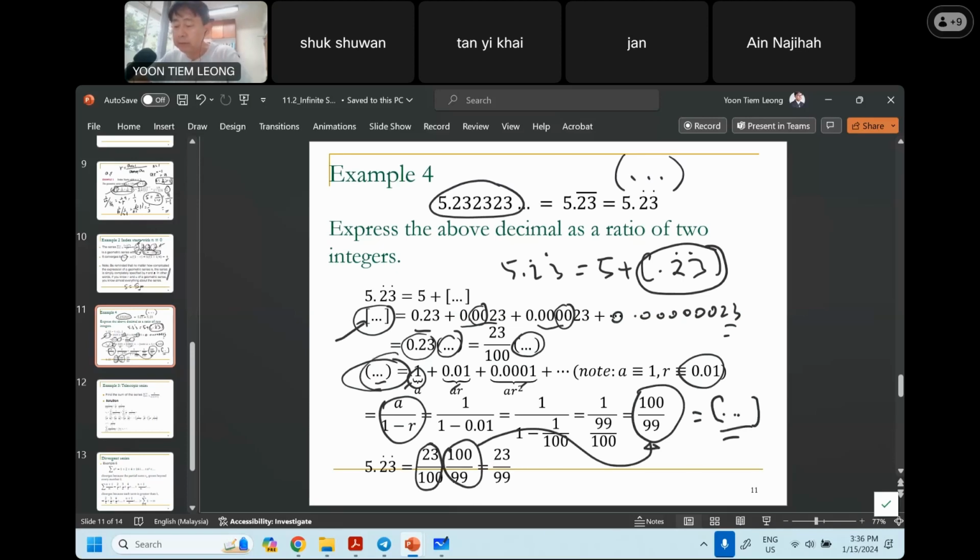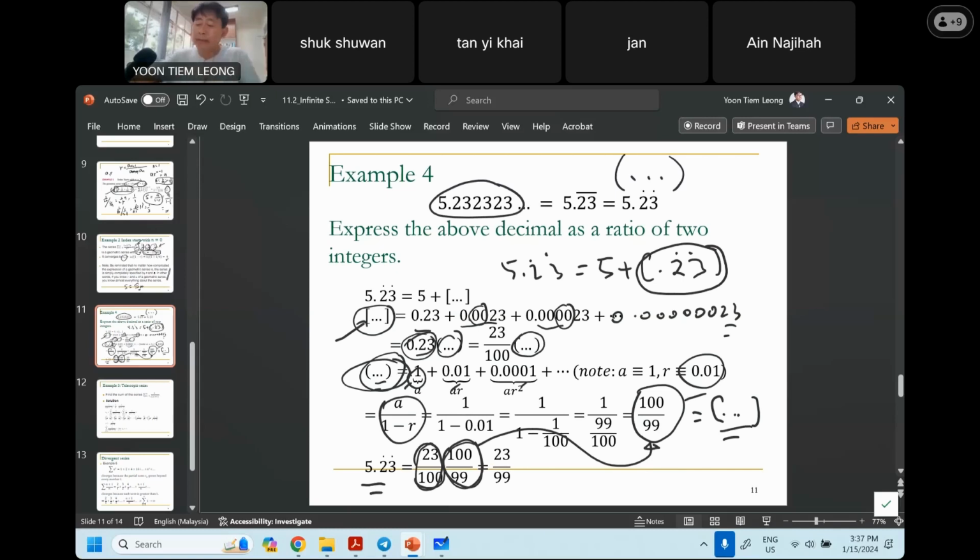So after all these excursions of mathematics, you are now able to cast the number 5.23 recurring as a factor of 23 multiplied with the geometric series. And the geometric series turns out to sum to 100 over 99.